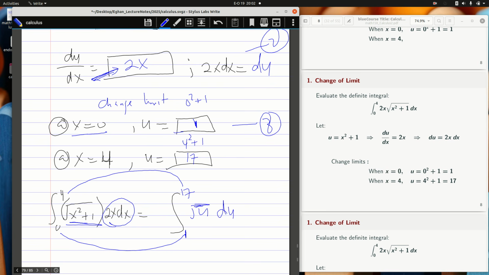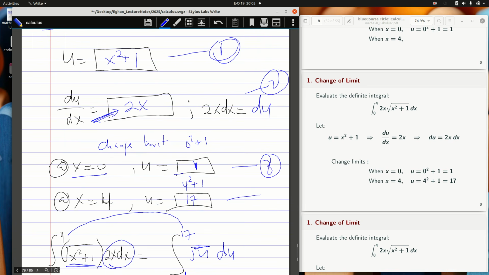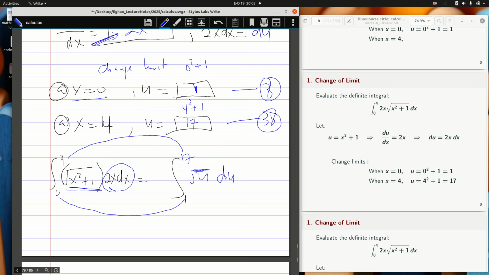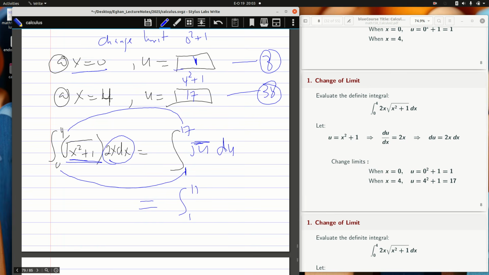I'm substituting equation 1, equation 2, and the limits here, 3a and 3b, into the general expression. So you realize that this now becomes something simple to integrate. This is the same as integrating from 1 to 17 u to the power half du.